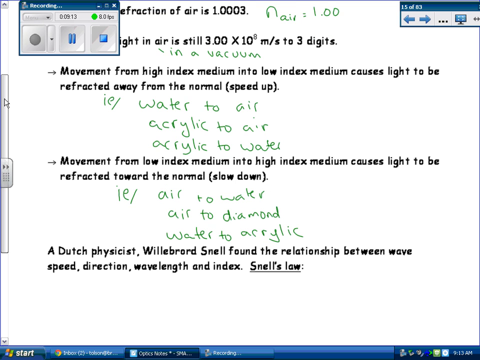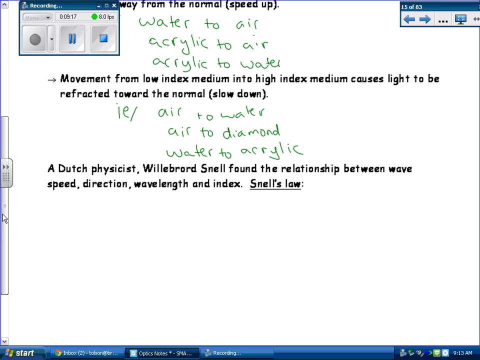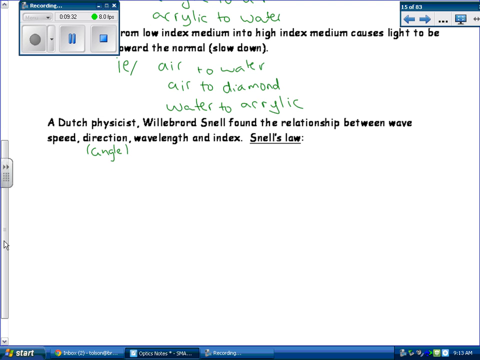And a Dutch physicist with probably the coolest but weirdest name I've ever seen, Willebrord Snell, worked with refraction. He found a relationship between wave speed, direction, wavelength, and index. By direction, that means angle. That is what's called Snell's law, and it's kind of a crazy looking formula.